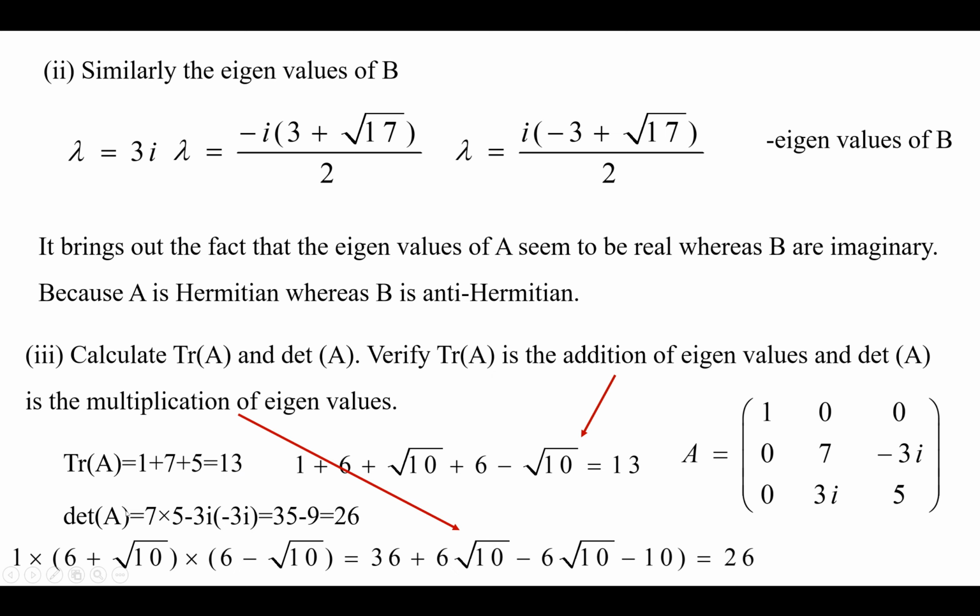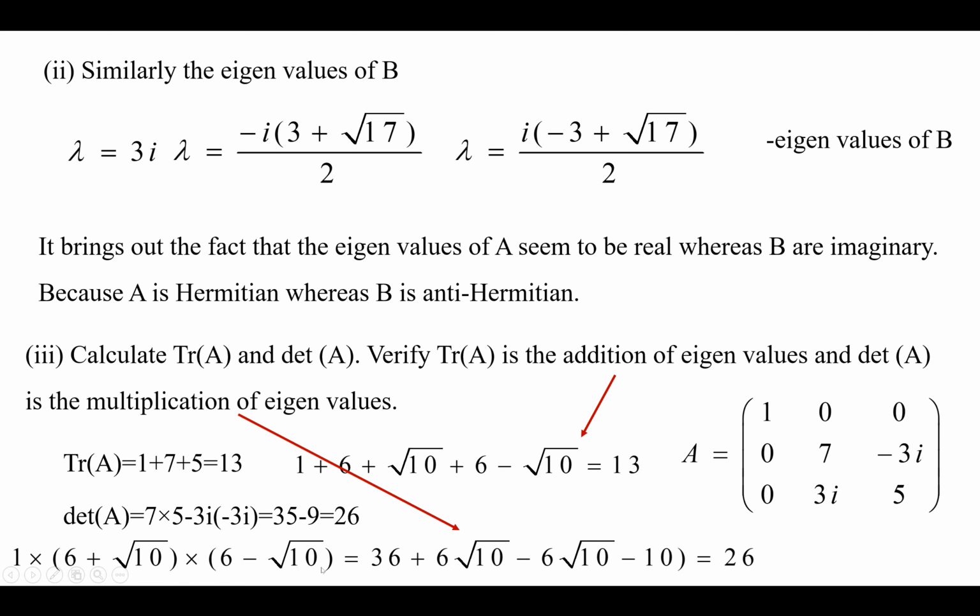Now we will go for the determinant of A. The determinant of A is given as 1 multiplied by (7 multiplied by 5 minus 3i multiplied by minus 3i), which gives us 35 minus 9, equal to 26. What is the product of the eigenvalues? It is 1 multiplied by (6 plus root 10) multiplied by (6 minus root 10).